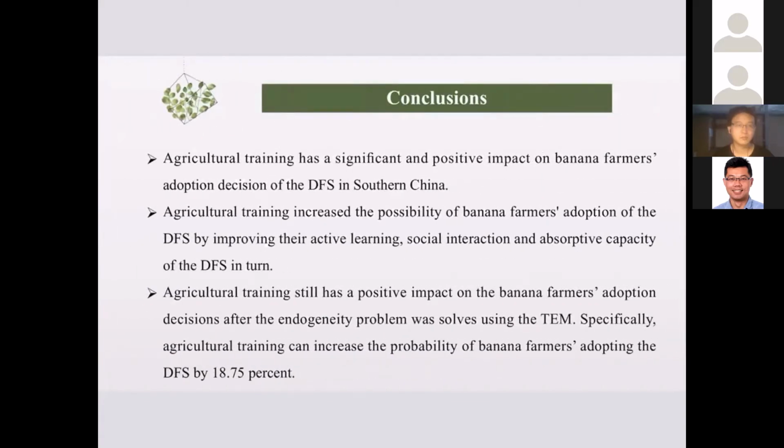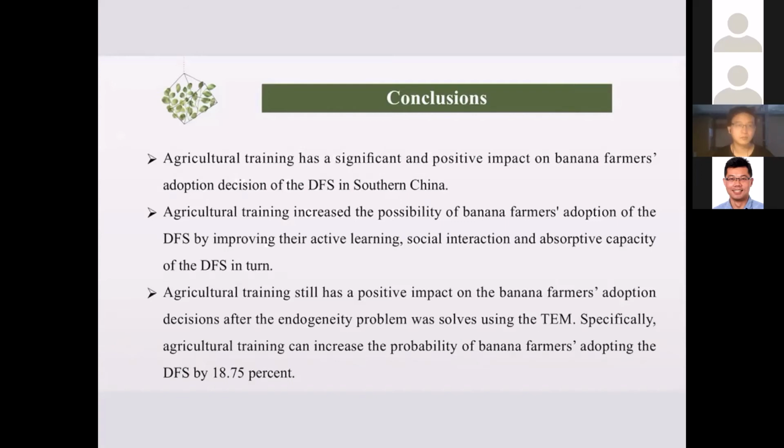Finally, this paper draws the following conclusions. First is agriculture training has a positive impact on banana farmers' adoption decisions. Third is agriculture training increases the possibility of banana farmers' adoption of the DFS by improving their active learning, social interaction, and also the absorptive capacity of the DFS in turn.